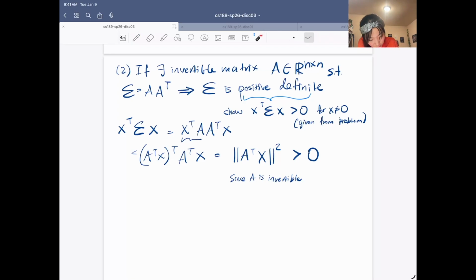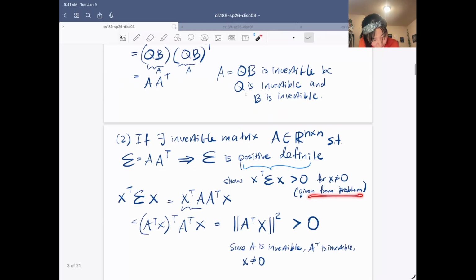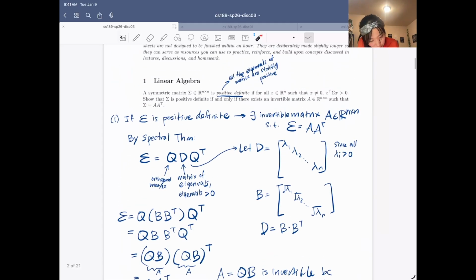We're given that there exists an invertible matrix A. We also know A transpose is invertible. And we also know x is not equal to 0 because that's given to us from the problem, right? We're told that such that x is not equal to 0, this is true.